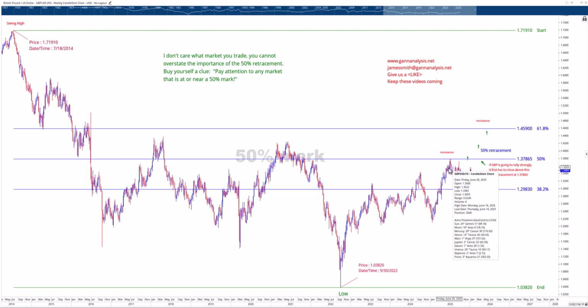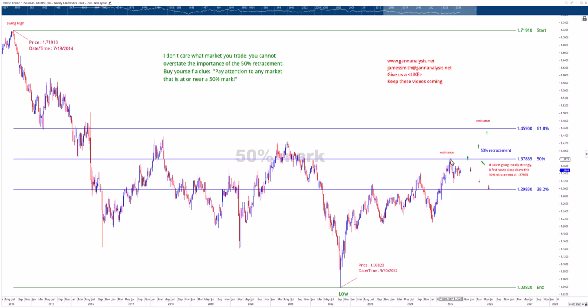So if you learn nothing else from Gann, anytime you see a swing that looks interesting, you could take this high and this low, or you can take this high and this low, or you could go back further. You can do multiple swings and look at the 50% retracement for all of them and see what you get.